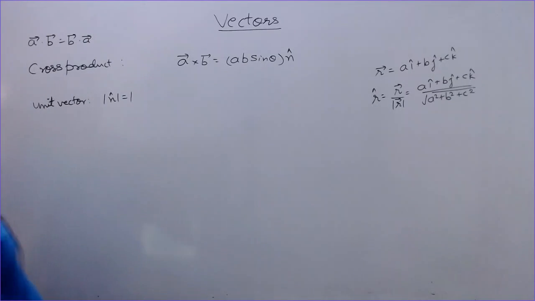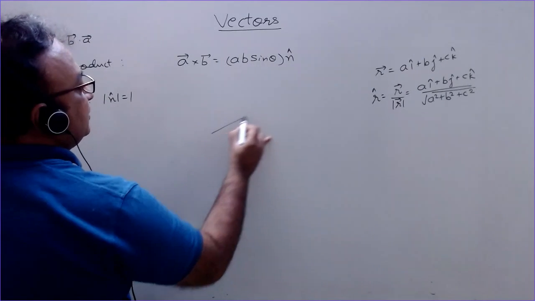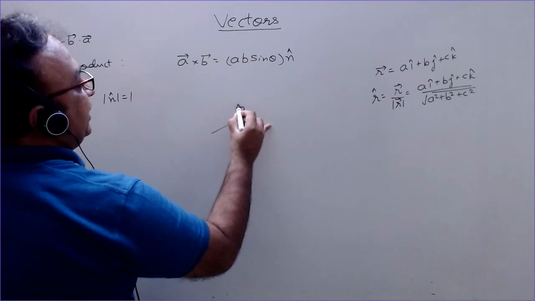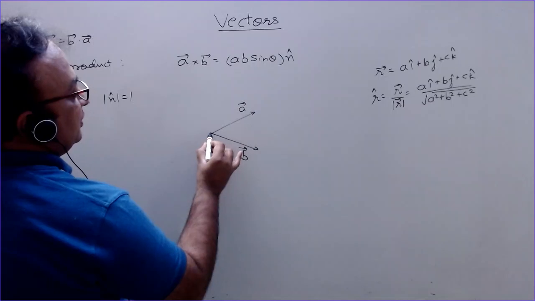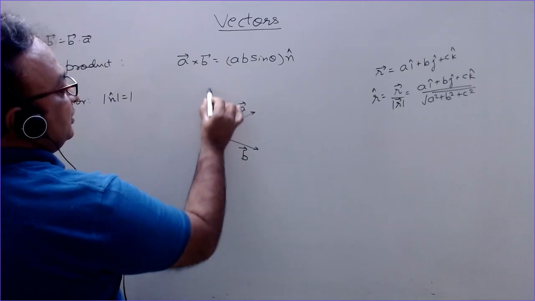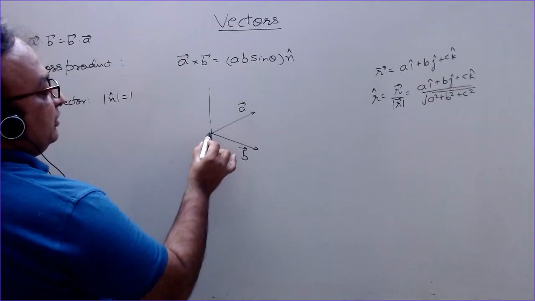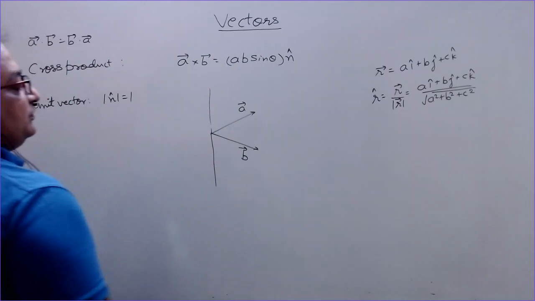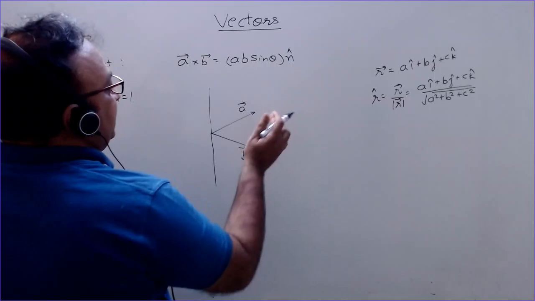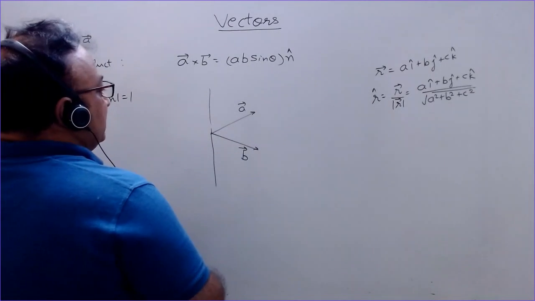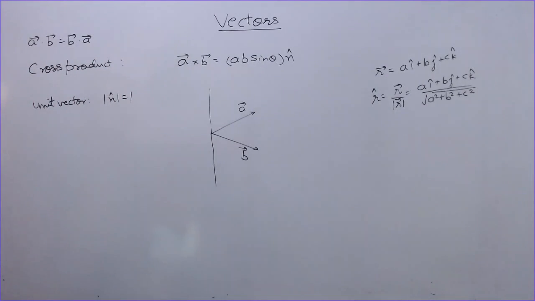So we have two vectors, vector A and vector B, and this is a line passing through their point of intersection, perpendicular to both. I want to find A cross B. The rule for this is the right hand thumb rule.